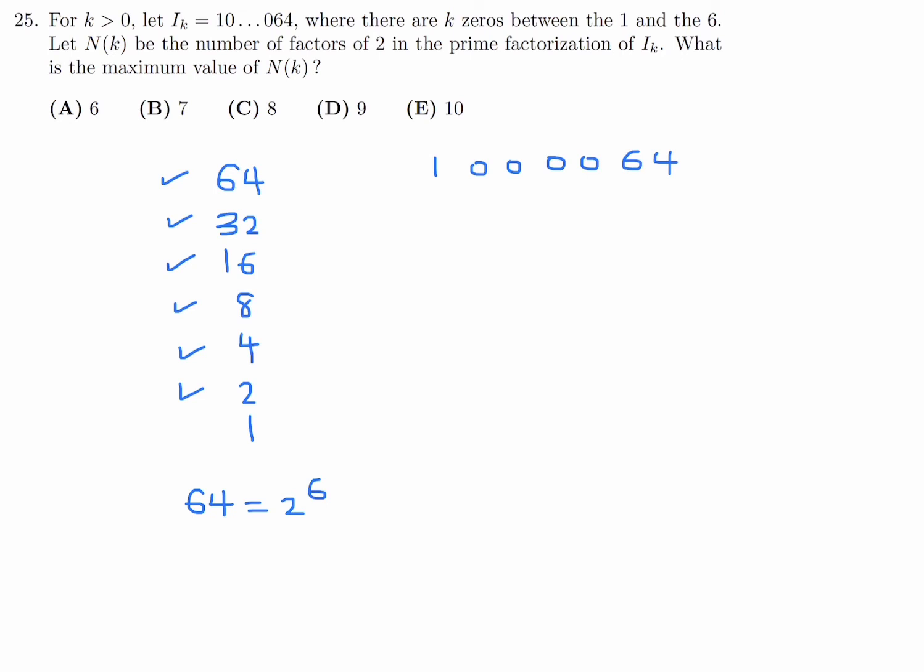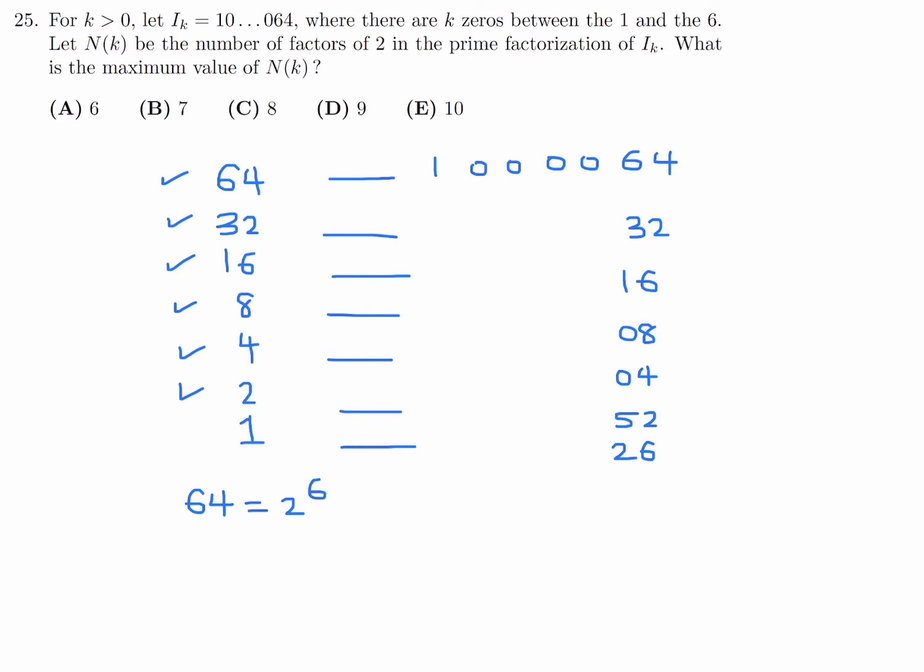And this number has a unique property as follows. If you take this number and start dividing by 2, you will get pretty much the same kind of story as this one. You get 32, you'll get 16. I'm just writing out the last 2 digits. You'll get 08, you'll get 04, and then you'll get 52. And interestingly, 52 is divisible by 2. 26 is what you get. You notice how we don't get a 1.